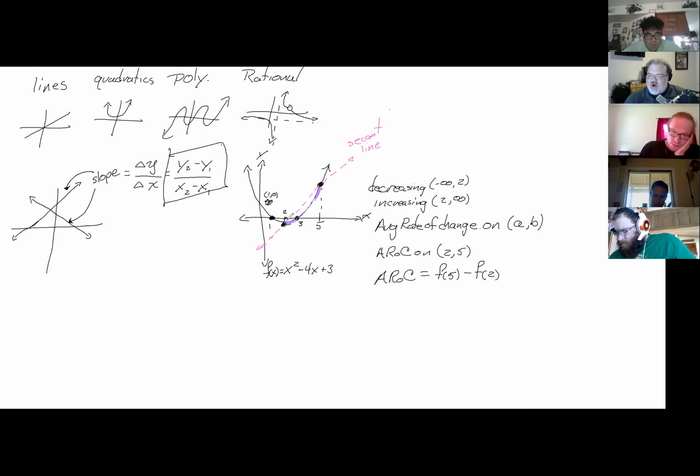That's going to give us the y value when x is 2, over the 5 minus 2. That's that change in x.